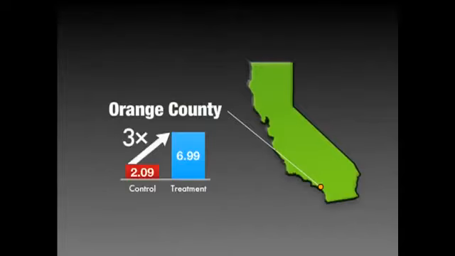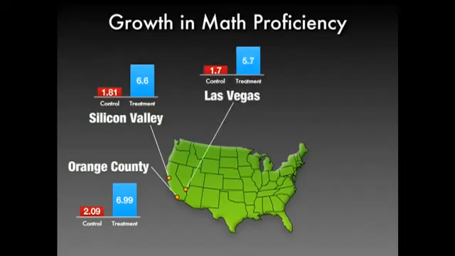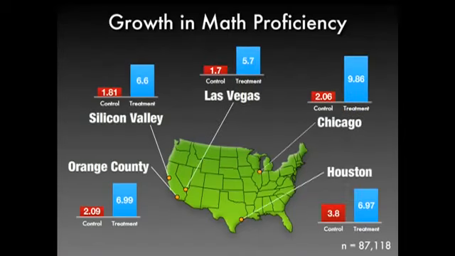And last year, we replicated this result in Silicon Valley, Las Vegas, Chicago, and Houston. This simple innovation of removing the language barriers is able to elevate math proficiency everywhere we put it. And of course, increasing standardized test scores is great, but we will also want to make sure we increase real mathematical thinking.